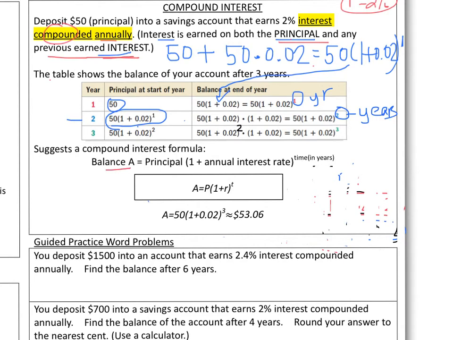The new balance A would be equal to principal times 1 plus annual interest rate to the T years. Okay, so for this problem, we can use a calculator and round it. This squiggly equal sign just means rounding to the nearest cent. Okay, and let's do some practice problems.